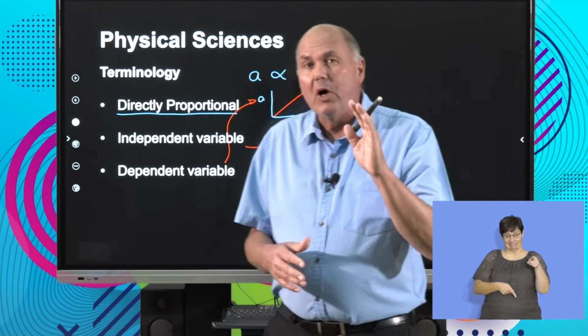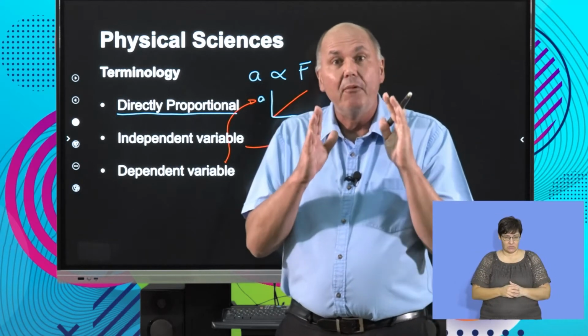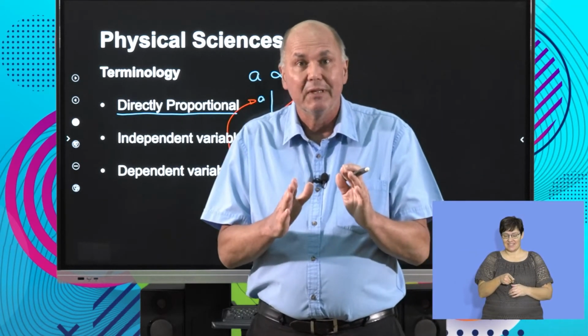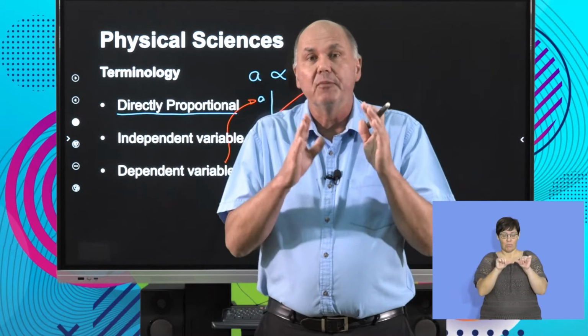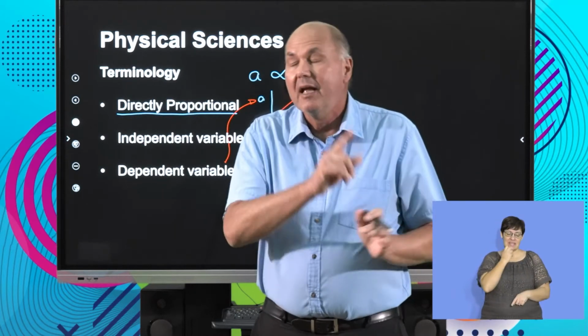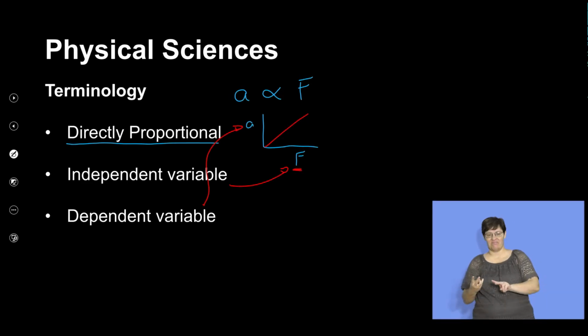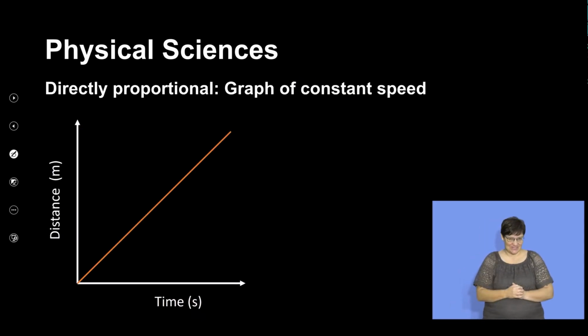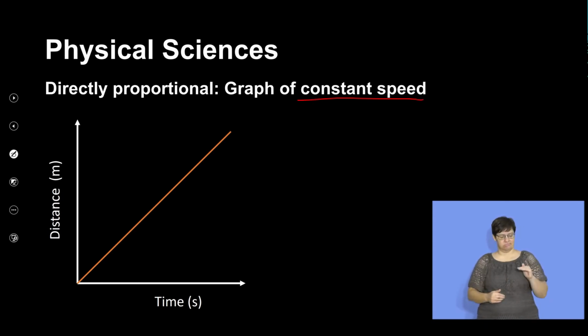Now, what's so nice about the directly proportional relationship is it's very easy to go from the graph to an equation. And we're going to show you exactly how that works. So let's take a very simple example that everyone is familiar with, an object moving at constant speed. I'm going to just illustrate what that looks like.